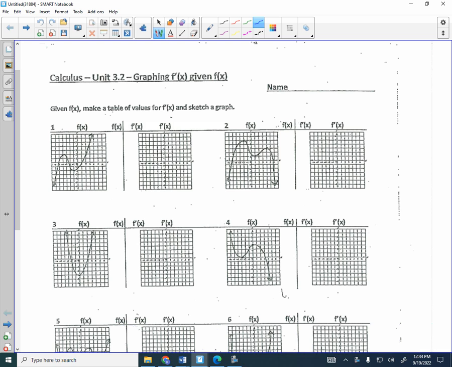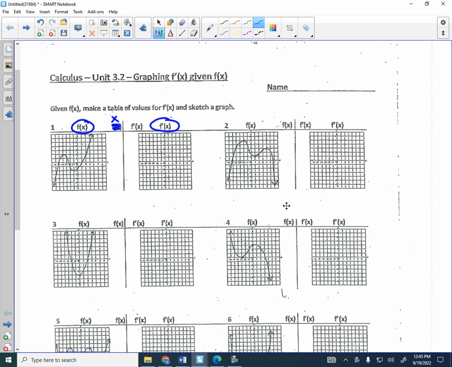This is my original function, and I would like to sketch the graph of the derivative. Can anybody tell me something, anything about the graph of the derivative? It's 0 at -4. So the first mistake on this worksheet, I'm sorry I didn't fix it, but this technically shouldn't say f of x. Technically, it should just say x.